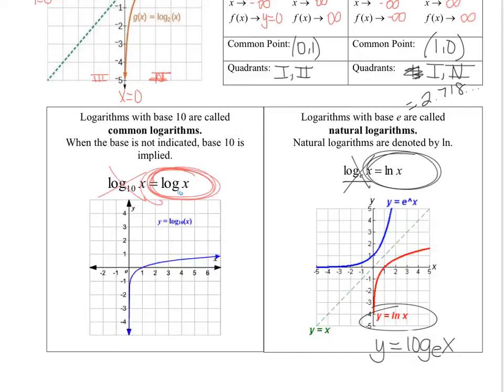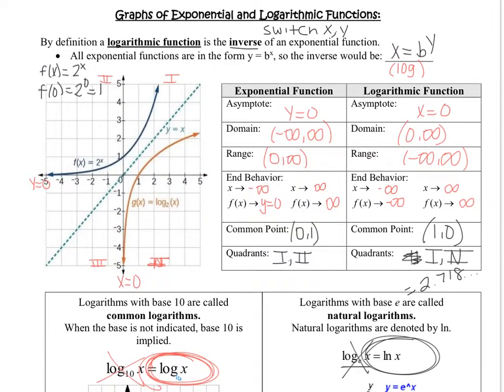Alright, now I'd like to go back up here and just talk about how to change from exponential to logarithmic. If you took Algebra 2 last year, this should be a little bit familiar to you, but I'd like to review it again. So remember how we said that a log is an inverse of an exponential. So if I have y equals 2 to the x, the inverse is x equals 2 to the y.